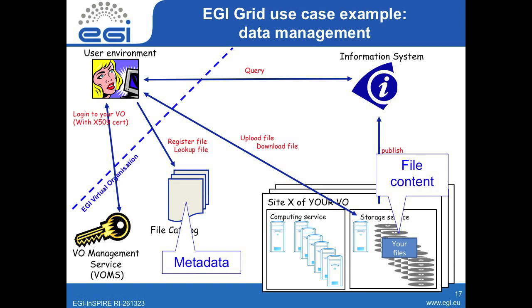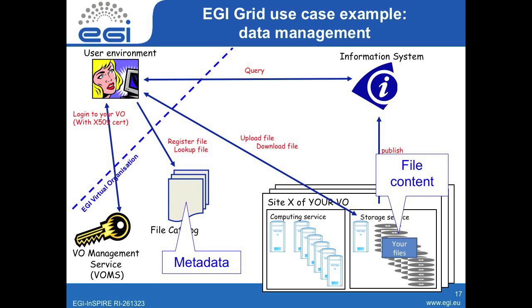So users usually query the information system to find services they can use with their virtual organization. They get, of course, the credential from the VOMS, as I was describing before, and then basically they upload with the same command, with the same tools, the file in the storage service and register a new entry in the file catalog, in the LFC.